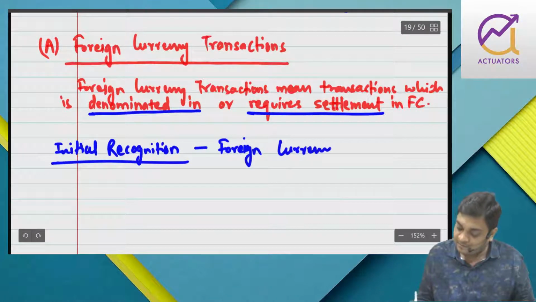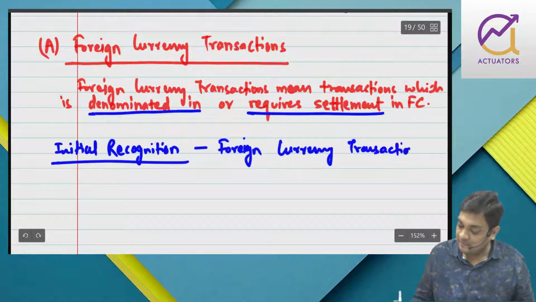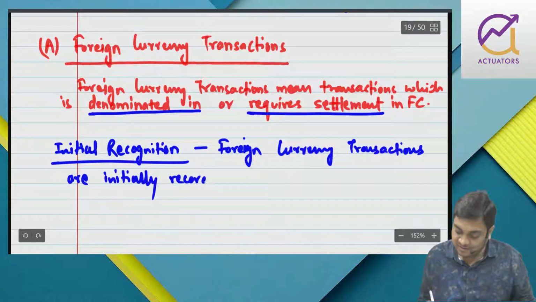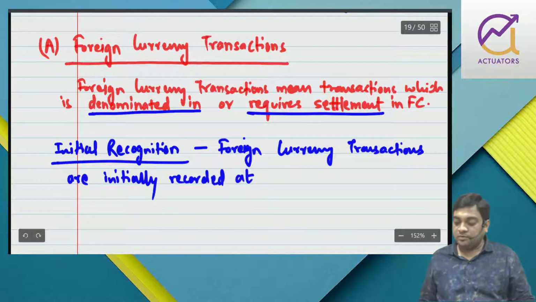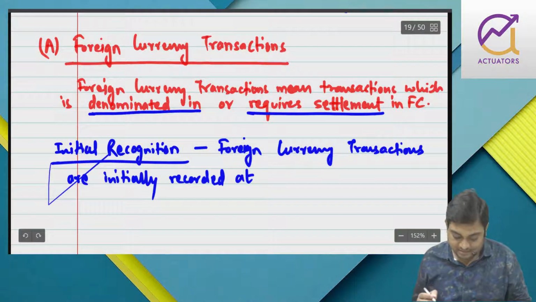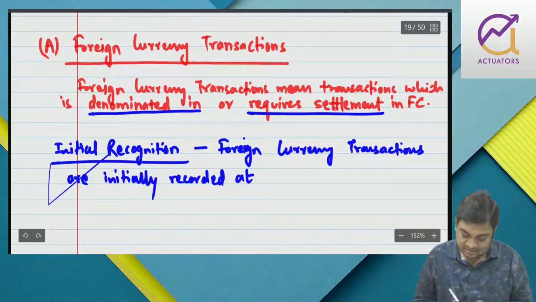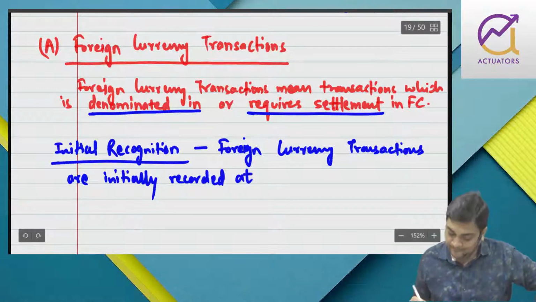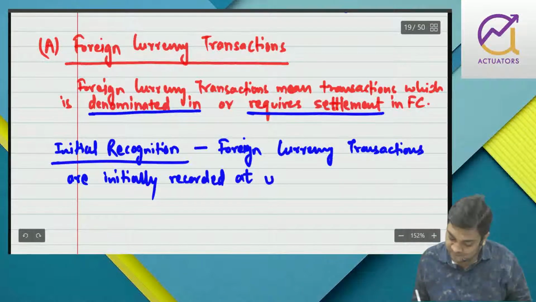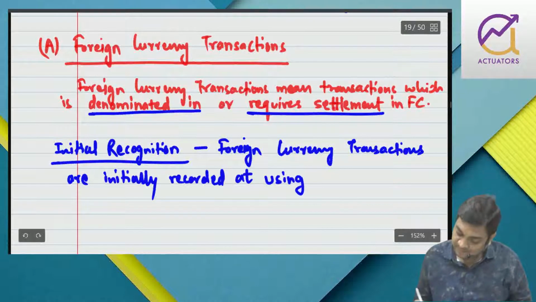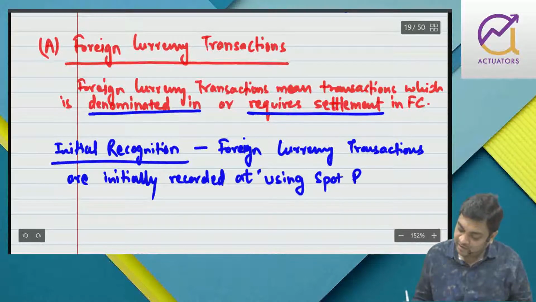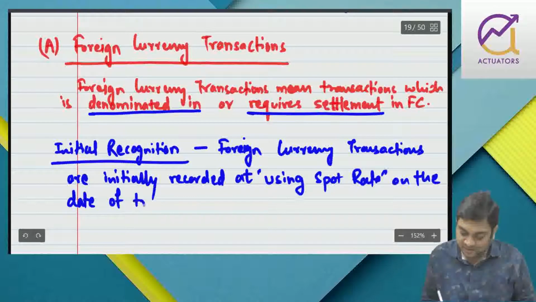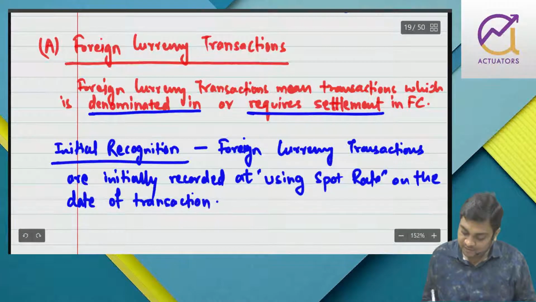Foreign currency transactions are initially recorded using the spot rate on the date of transaction.